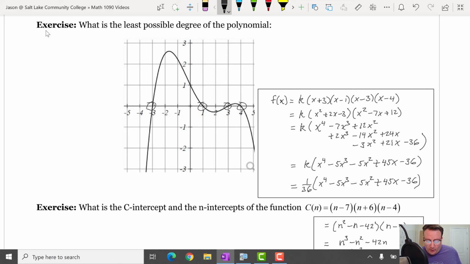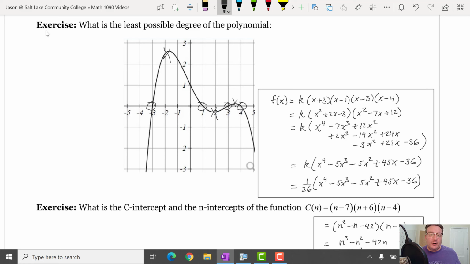So there are 4 zeros. And how many turns do we have in this polynomial? I'll put a little x at the places where it turns. We have a turn where the function goes from increasing to decreasing at that x, similarly right here, and similarly right here.